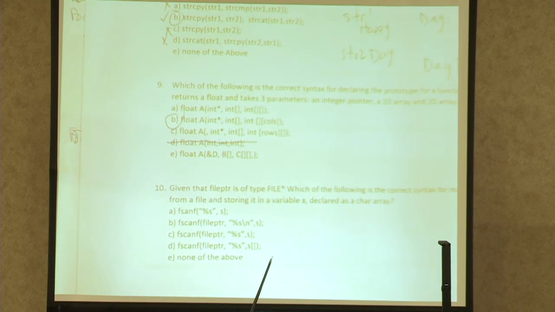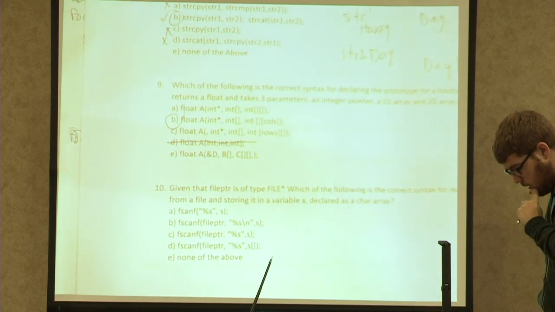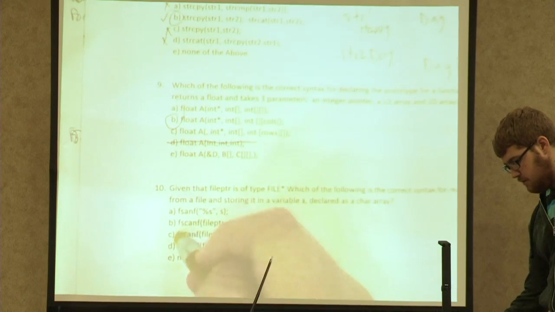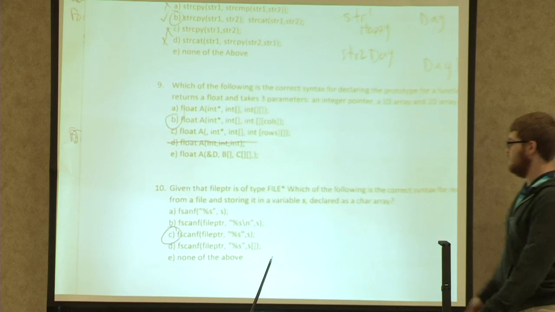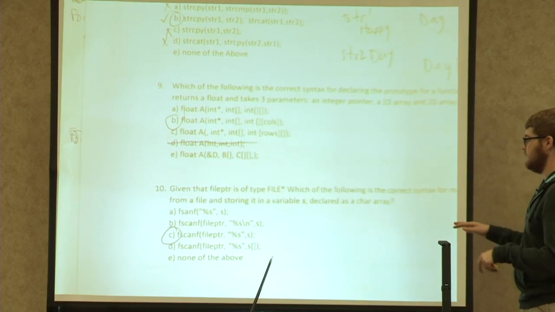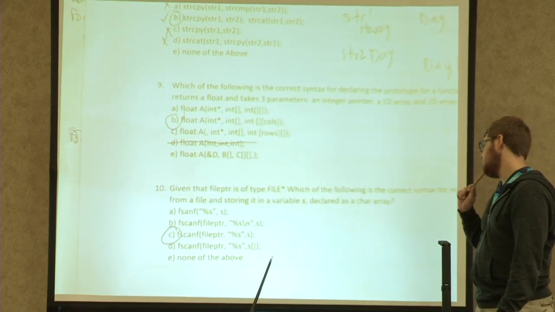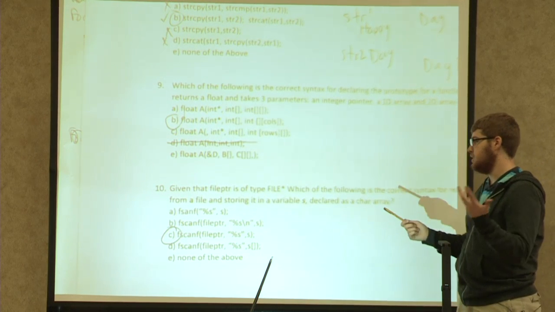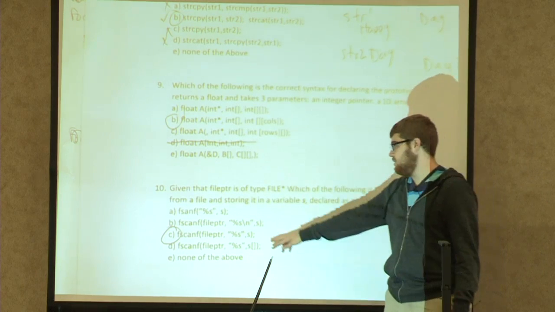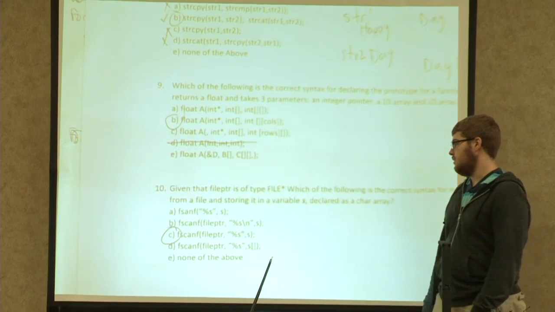For this one, I would put C. I'm pretty sure if you have the scan, it scans for a new line and it'll mess everything up. This one has a new line that it's scanning for, so that's messing it up. This one is saying a char array. A string is a char array, and when we scan for a string, we just need everything. So I would put that one.